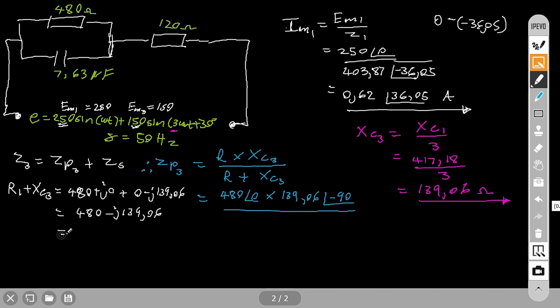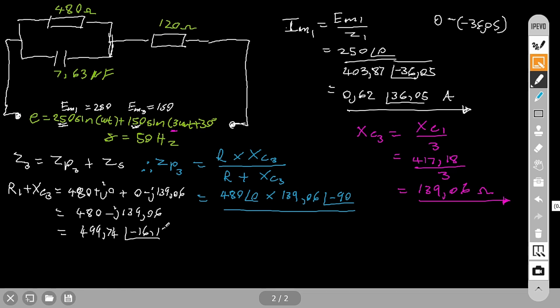Then you convert this into polar form, and you get 499.74. Guys, I'm rounding off to 2 decimal places. If you like, you can do it in 3 decimal places. Just make sure all your calculations are consistent.